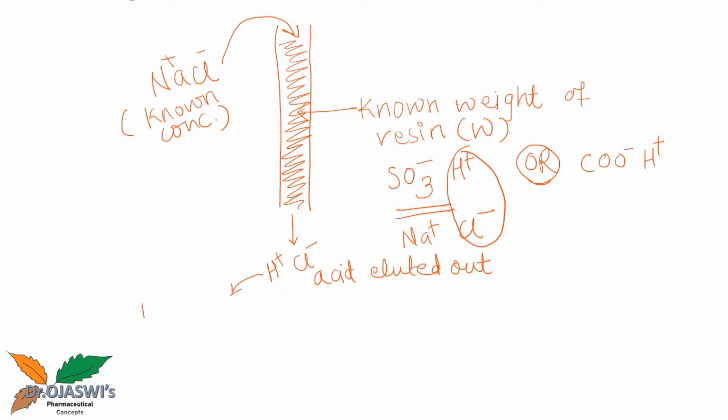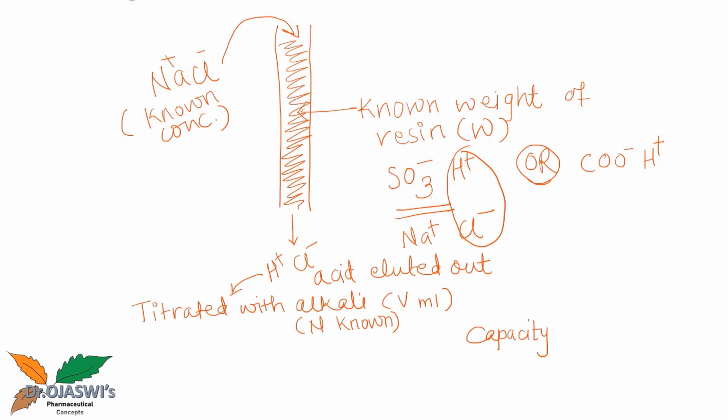Therefore this HCl eluted out of the column is further titrated with the base, and the volume required, that is the burette reading, is noted. The concentration of the base or alkali used for titration is known, and thus the ion exchange capacity of this resin can be calculated by this formula.